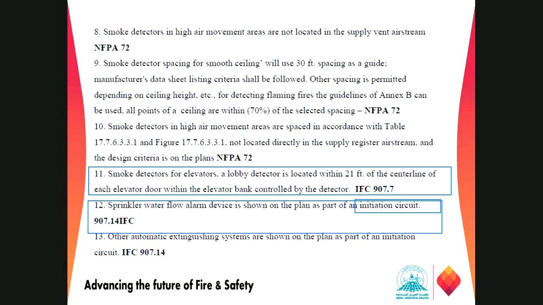bring into the service. Now for some projects, the sprinkler system is installed by one fire protection contractor, and the fire alarm system is installed by some other contractor or by the main client only. So now there is a miscommunication between these two.